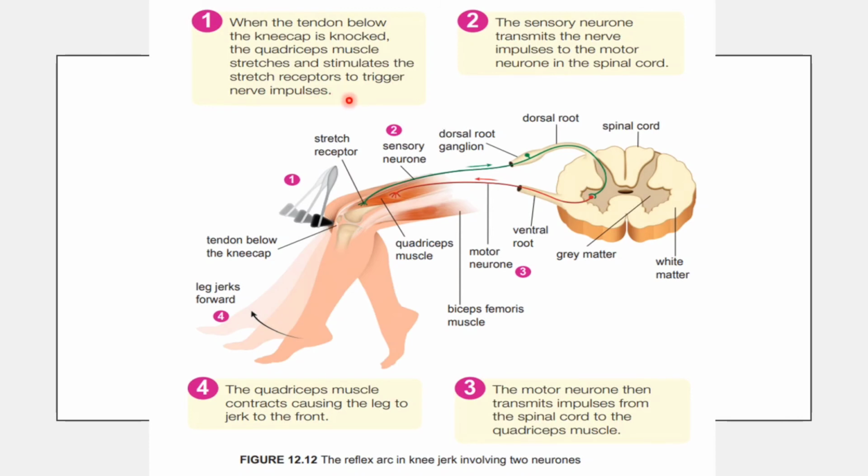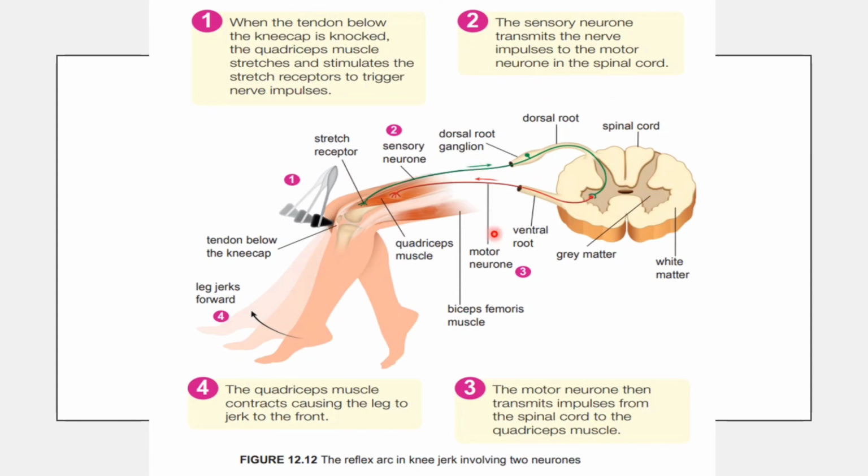Then the sensory neuron transmits the nerve impulses to the motor neuron in the spinal cord.